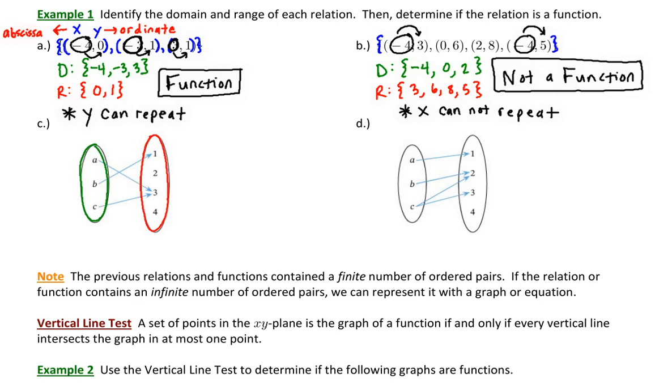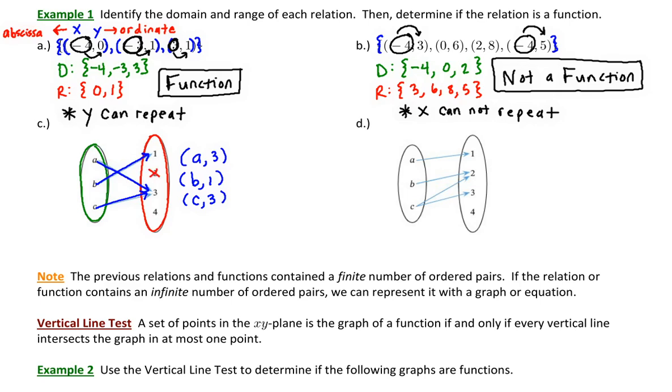So notice from the domain, we have A pairing up with 3 from the second set, so we could write that as the ordered pair (A, 3). We also have B pairing up with 1, so we could write that as the ordered pair (B, 1). And finally, C corresponds to 3, so we could write that as the ordered pair (C, 3). Now, observe there's a couple of elements from that second set that were not used.